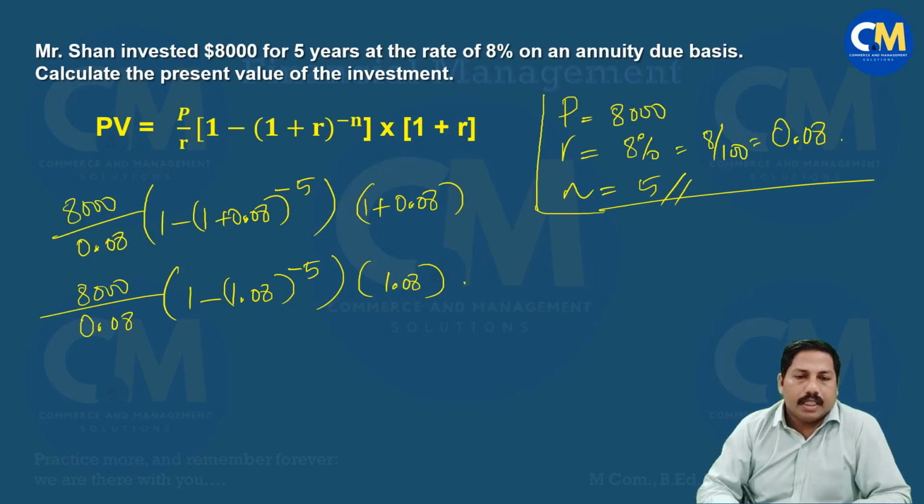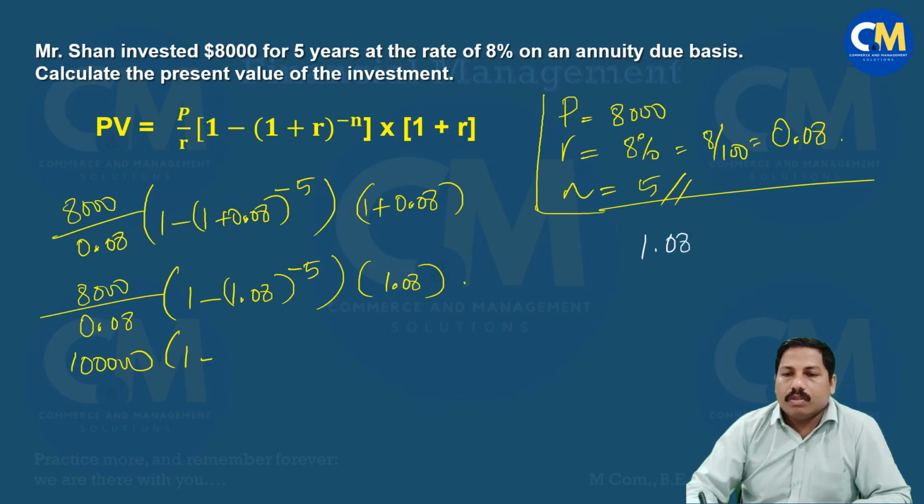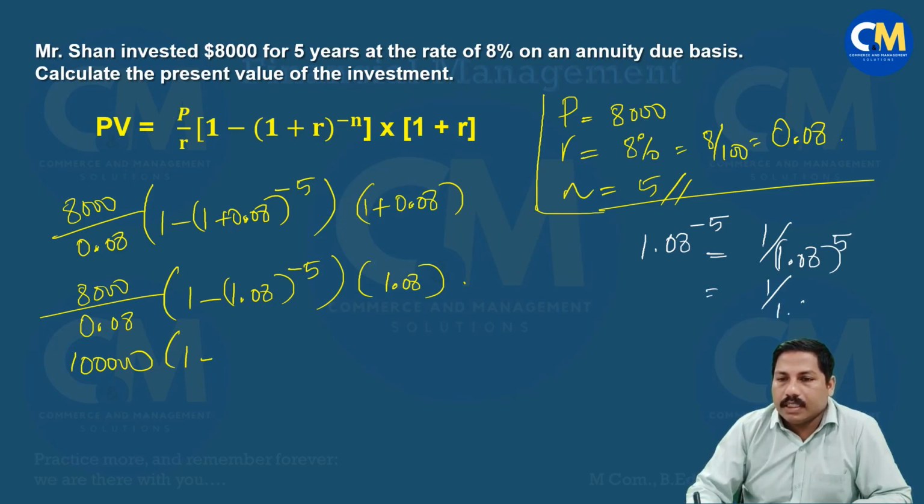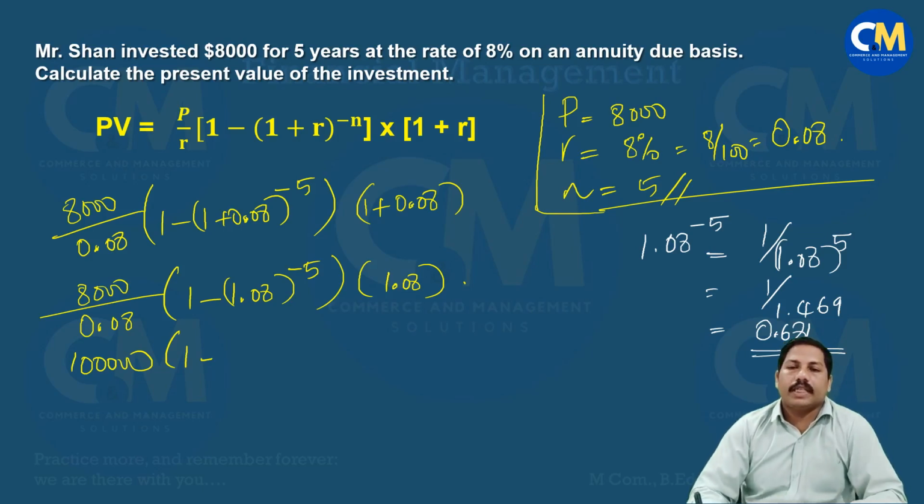Here 8,000 divided by 0.08 is equal to 1 lakh, into 1 minus 1.08 raise minus 5. That is equal to 1 divided by 1.08 raise 5, that is 1 divided by 1.469. So the answer is 0.681, that is 1.08 raise minus 5.